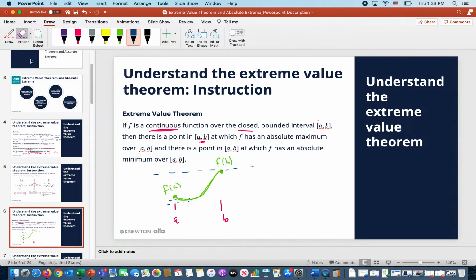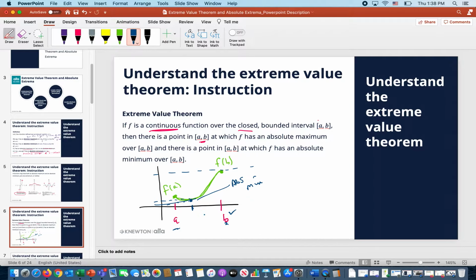I apologize. I'm doing my best. So this x value, where that absolute minimum occurs, is in between A and B. Now, the absolute maximum actually occurs at B.